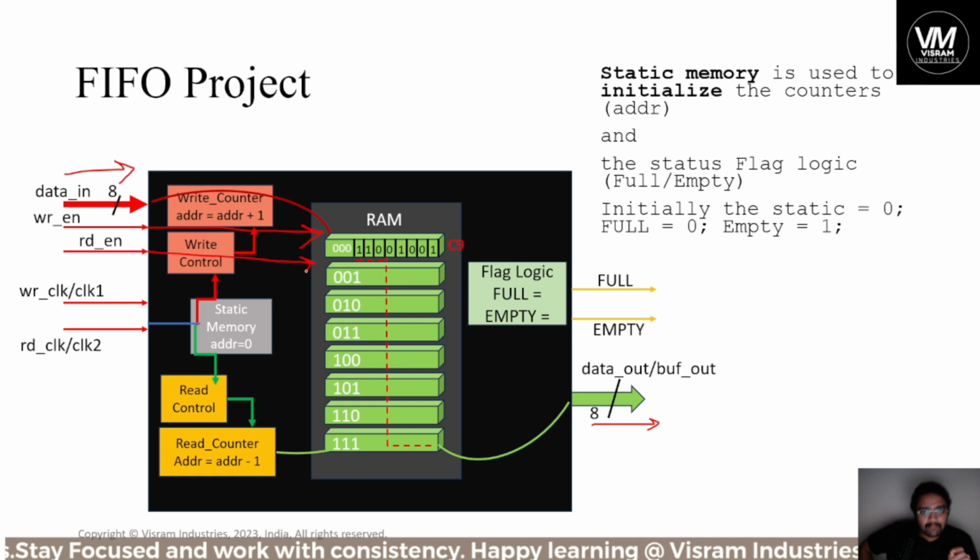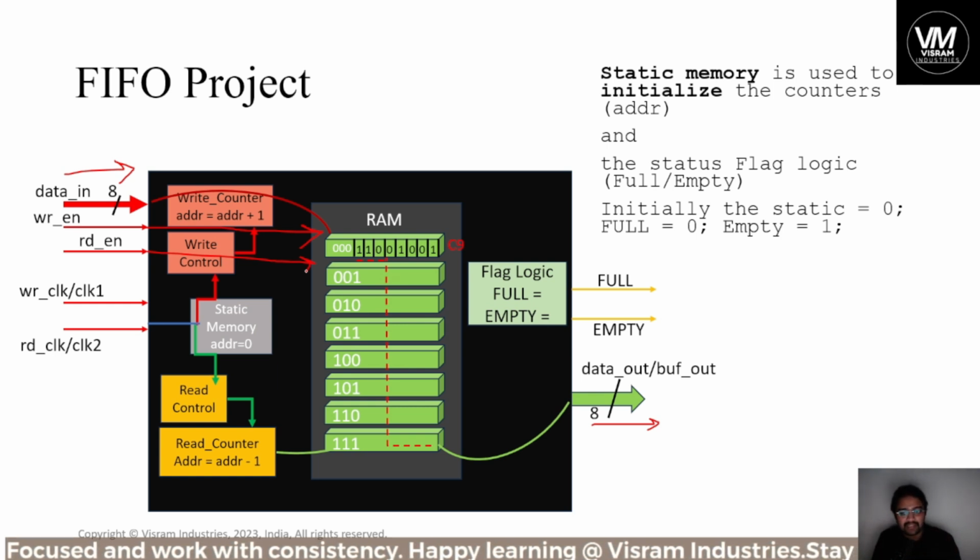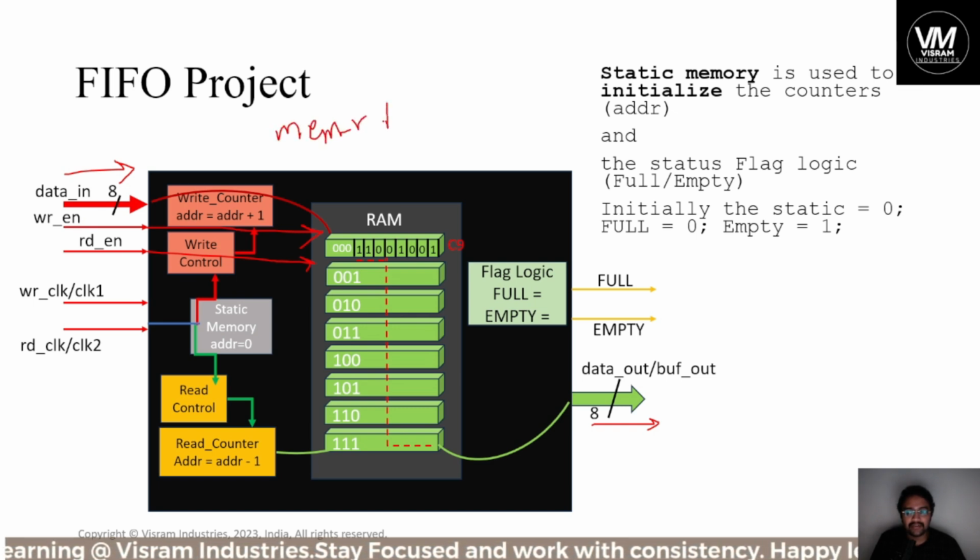See, memory designs we have done in the last 2 or 3 sessions. For that we are writing read signal and write signal. So here I have named it write underscore n, but earlier I named it mem underscore read or mem underscore write. Got it?